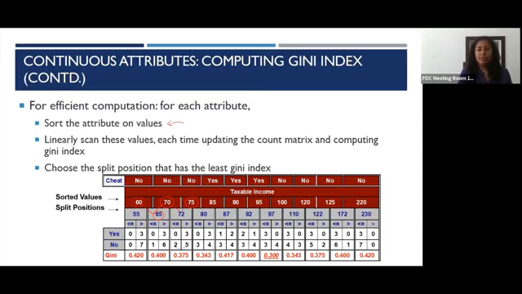Now remember, you are getting the matrix for everything and computing the Gini index also. So once you go on computing for all of these ranges, you will find there's a place where you have the minimum Gini index. That is the splitting point. Is it clear?